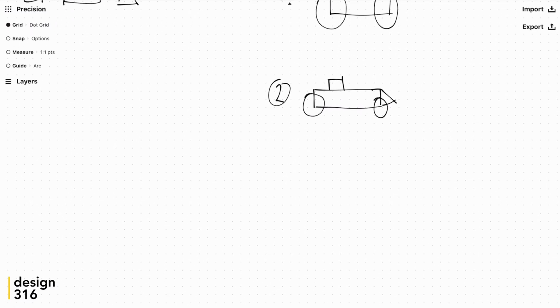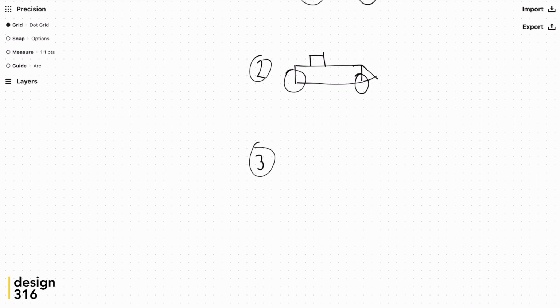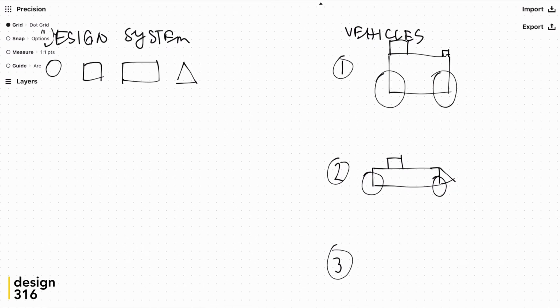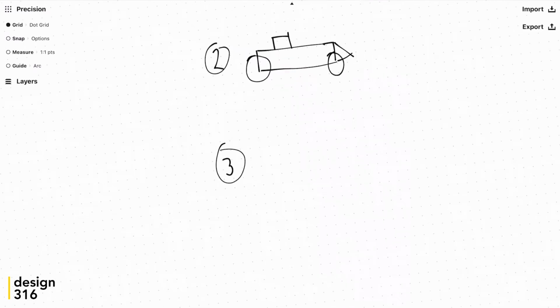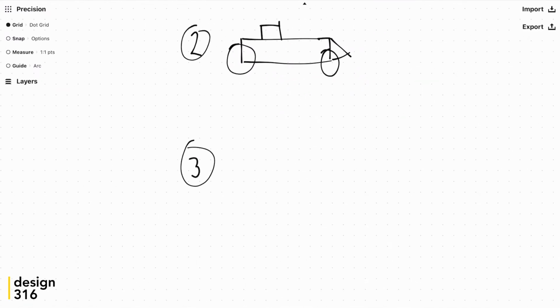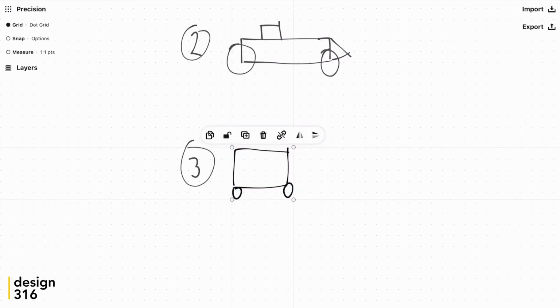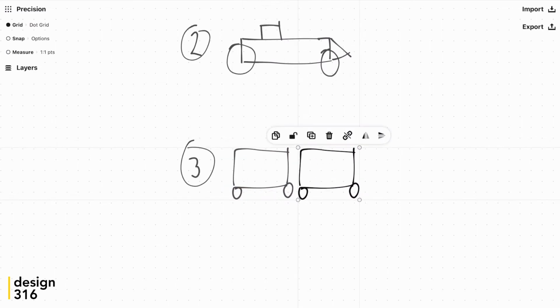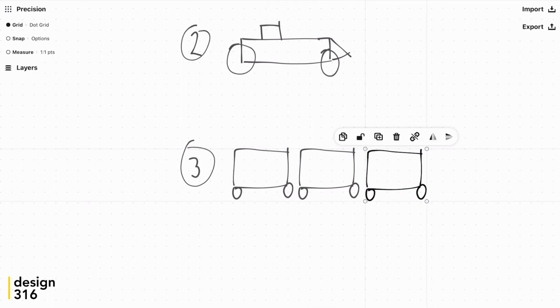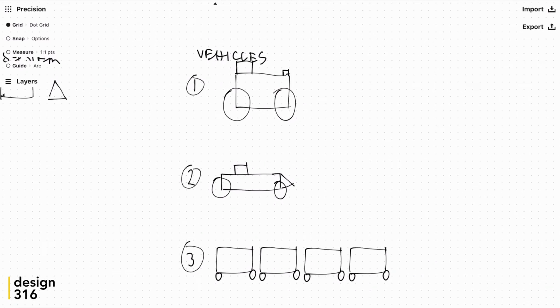Okay, and then yung third vehicle natin ay designed for multiple passengers. Okay, so what I'm gonna design is let's use rectangle, wheels, and then let's duplicate these things. Duplicate.